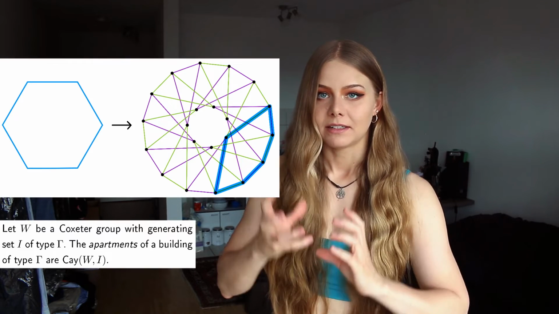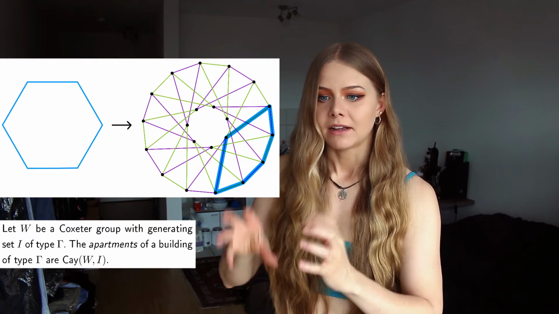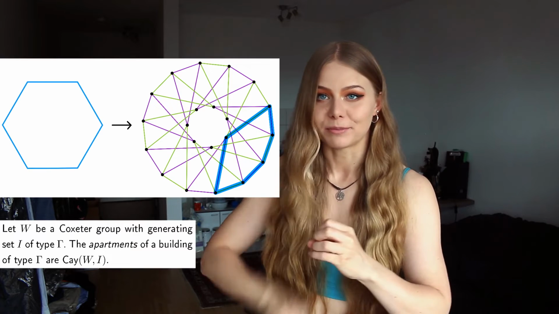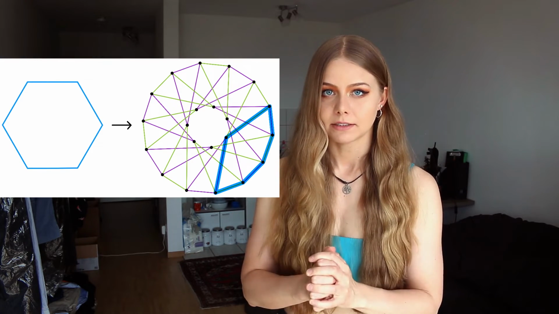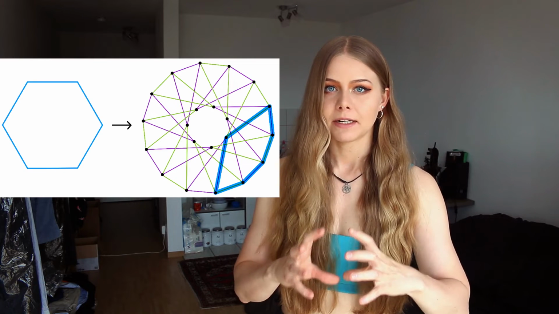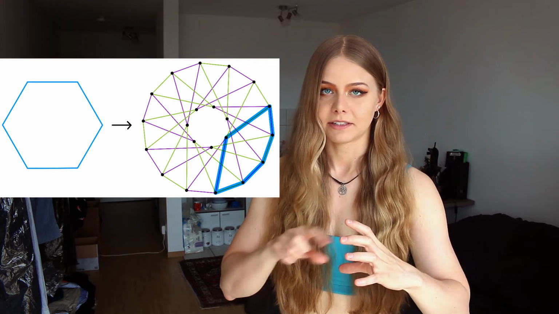So these are the apartments, and we can always find apartments in our buildings. And yeah, so that's what I meant with our building has these building blocks which are apartments. So Coxeter complexes of Coxeter groups are exactly the thin buildings. And if we have a thick building of the same type, we can find these Coxeter complexes in our thick building.